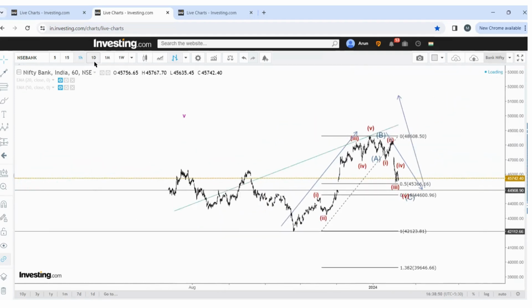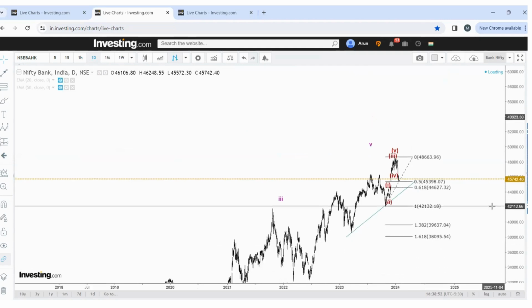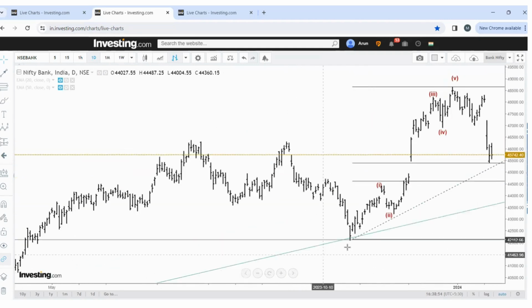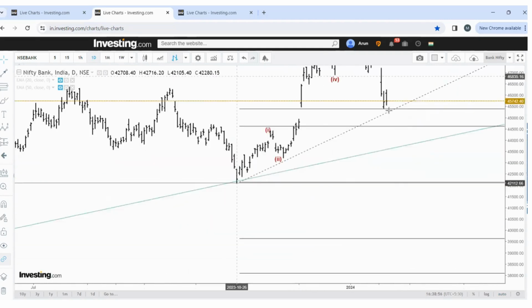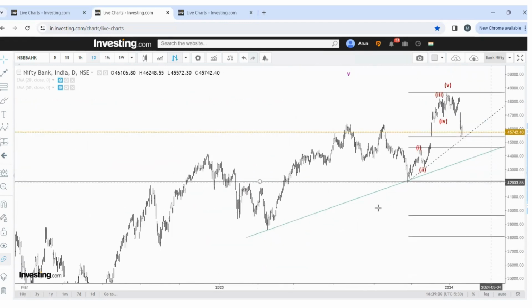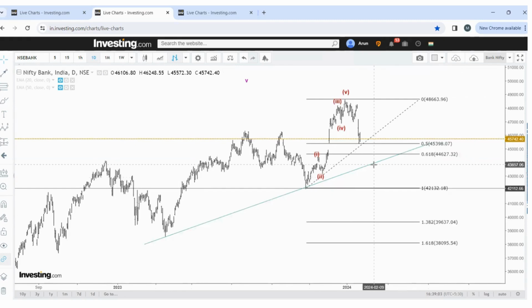But remember, if it declines, the price not getting support at that required level, and if it declines, this trend line is most important. Okay, this is approximately 43,900. This is only a rough number.